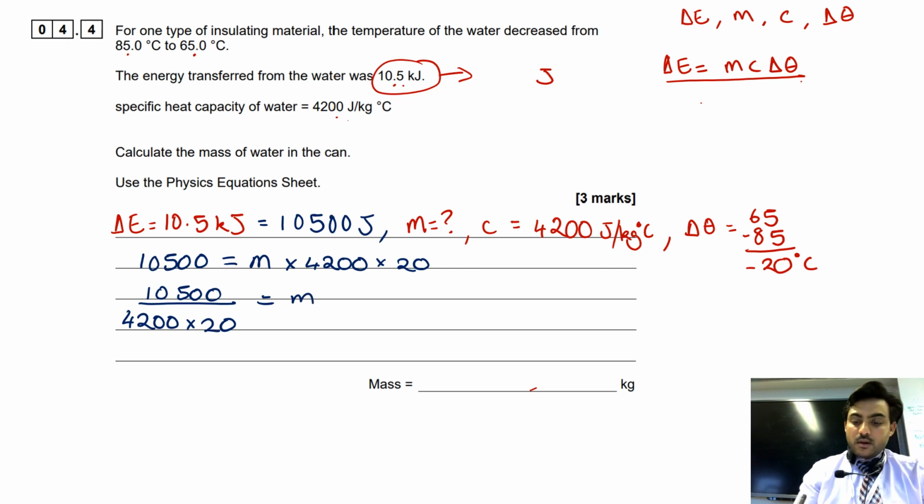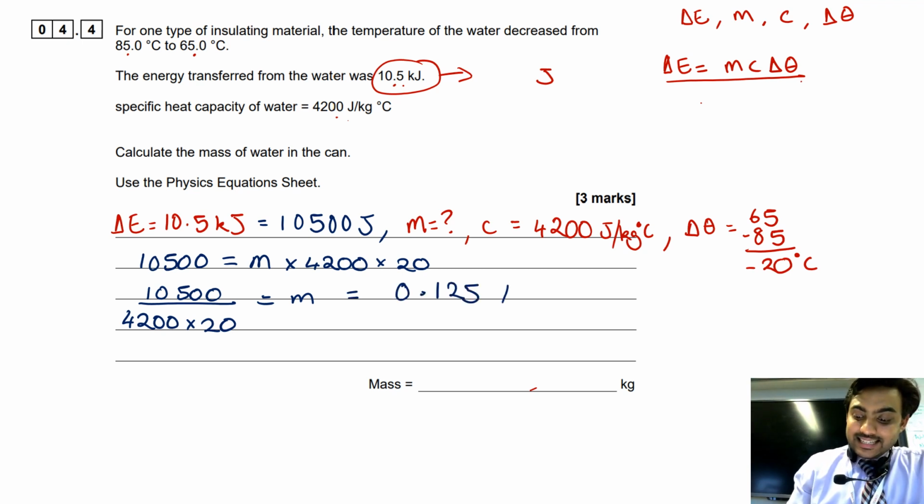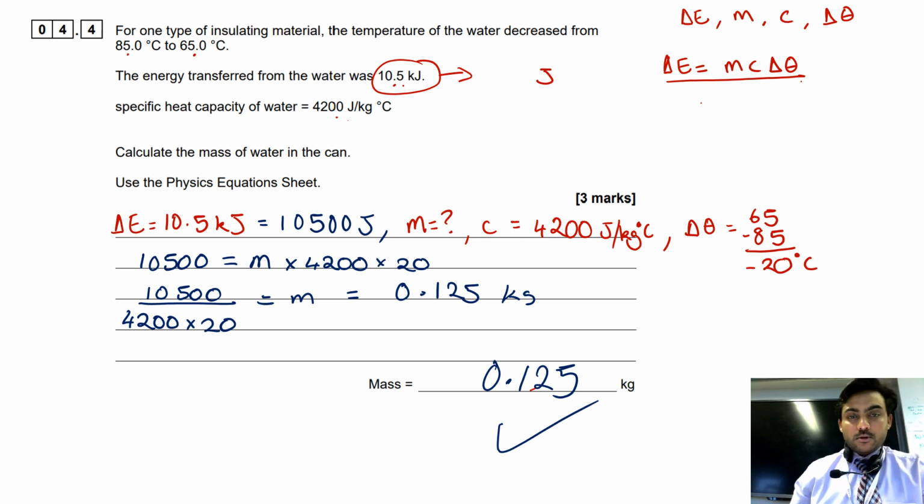Now we just have to plug all those numbers into our calculator. And what do we get? We get an answer of mass being equal to 0.125, and that's in kilograms, and that's the answer that they want, 0.125. Well done.